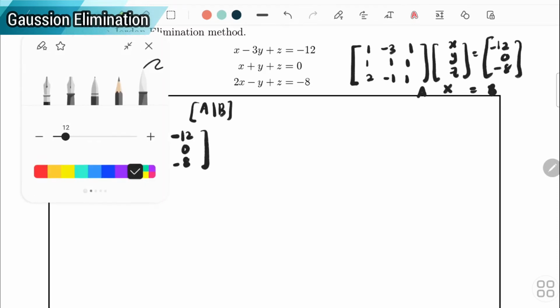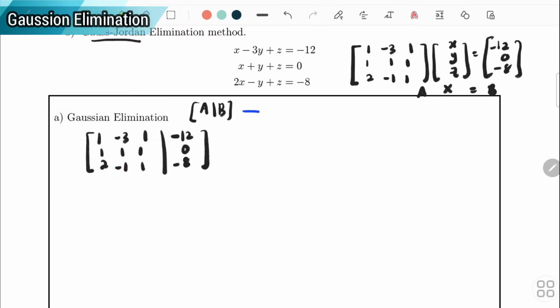Okay, so what we need to do is reduce this augmented form by using ERO. Elementary row operations are just the same as what we learned from finding the inverse by using ERO, but the difference is that the previous part was finding the inverse, while this one is solving for x, y, and z.